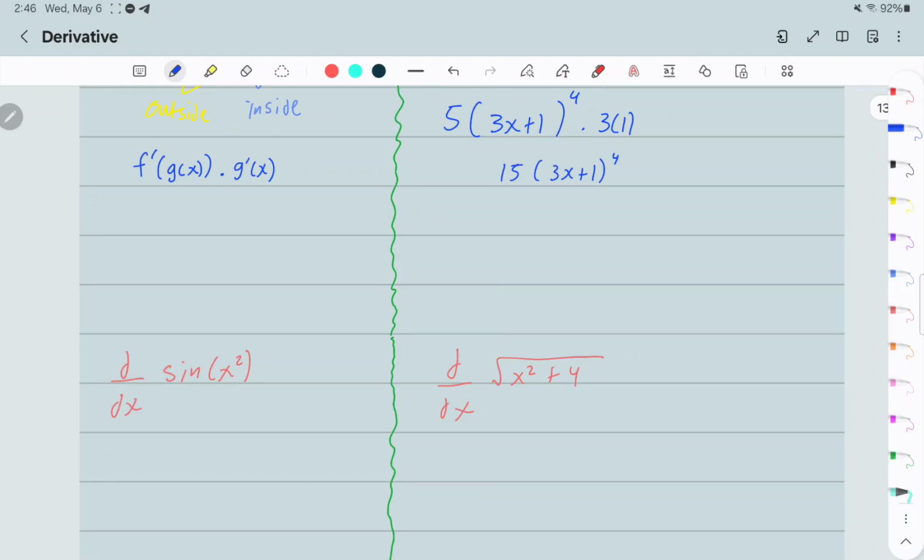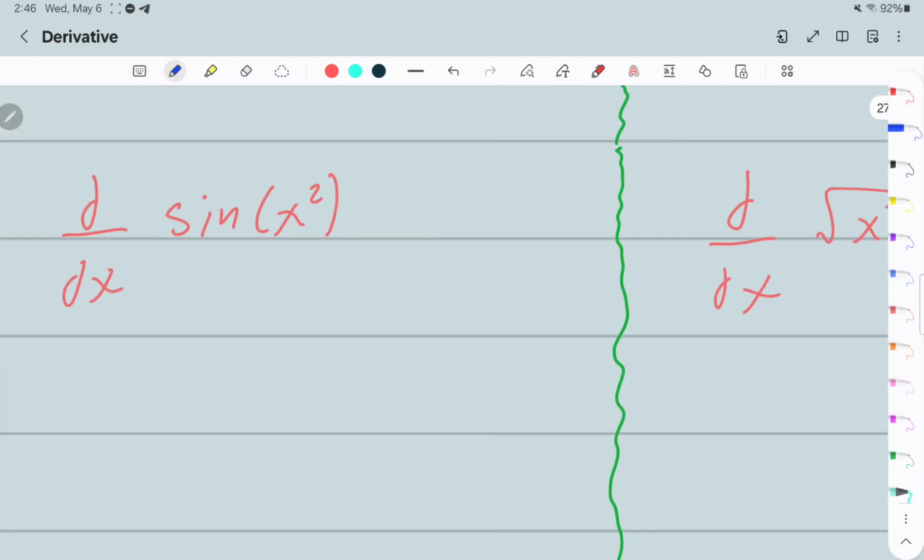Let's look at another example. Again, you see two things. Outside there's this sine, and inside the sine there's a bracket, which is just x squared. So the outside is your sine, and the inside is your x squared. Again, first you take the derivative of the outside. The derivative of sine is cos.